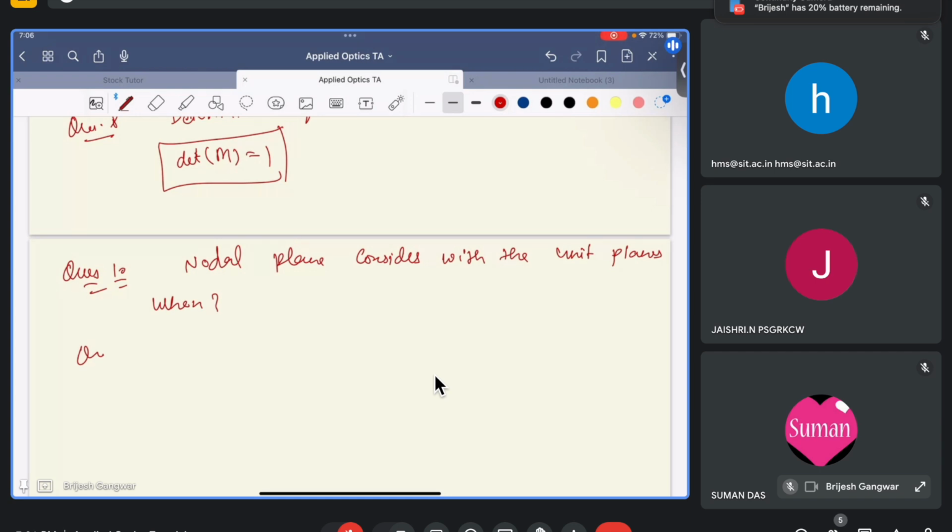In this one the answer is that when the media have the same refractive index on both sides, only then does the nodal plane coincide with the unit planes.